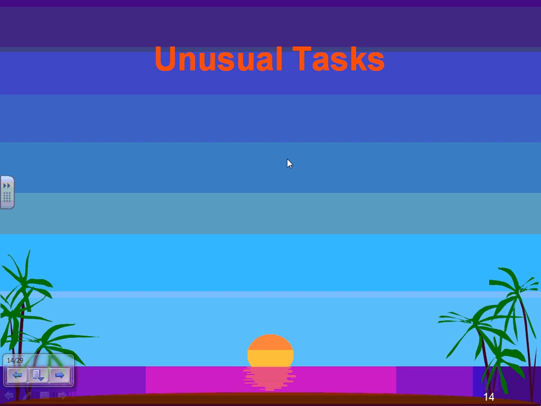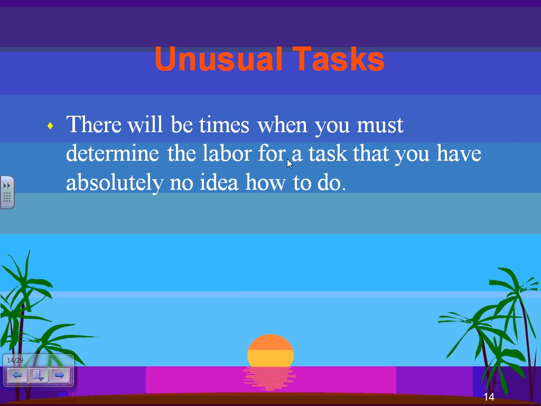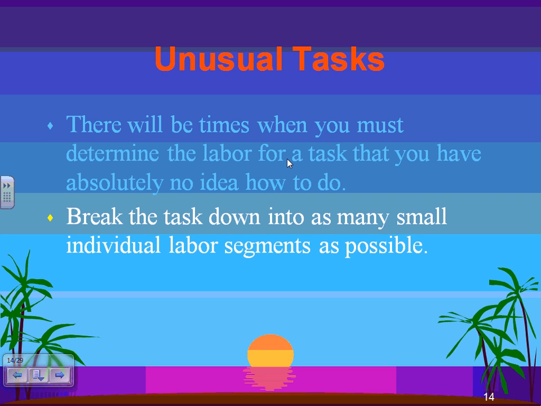Unusual task. So Zach, my friend, you are faced with an unusual task that you have never done before. What are you supposed to do? You can sit, drink, go to the bar and cry. That's one option always, you know. Or you can, based on the rationale that they have, determine the task that you have absolutely no idea how to do. The idea here is to break it down, and this is opinion again.